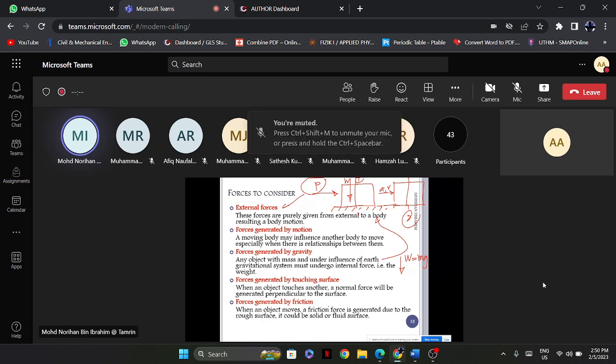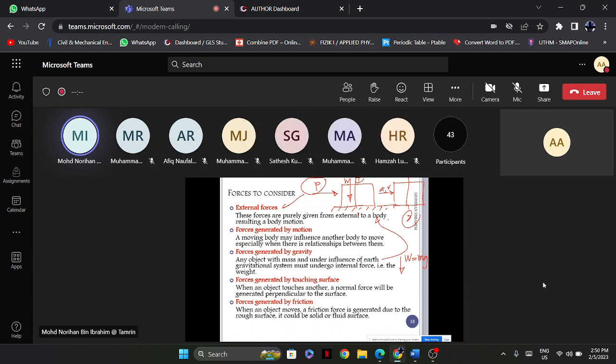When an object moves, a friction force is generated due to the rough surface. It could be a solid or fluid surface, so it depends on the type of surface itself. Consider this illustration of a block located on a rough surface.